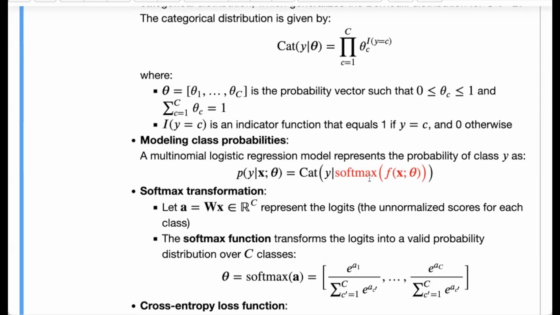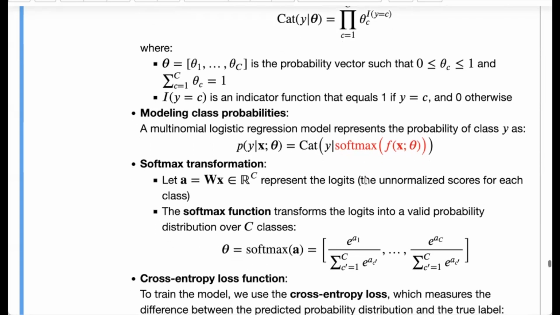The idea is very much similar to logistic regression in the case of binary classification. First, we find some combination of inputs with some unknown parameters theta, and then we apply the softmax function. And the softmax function is very similar to the logistic function in the sense that it gives us a valid probability score.